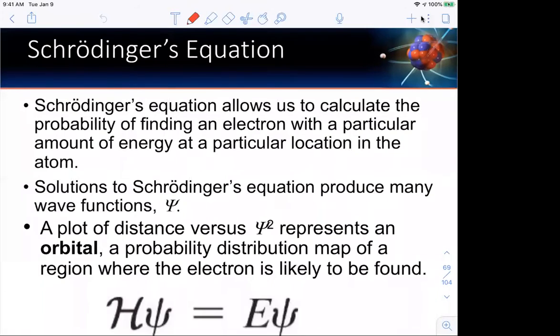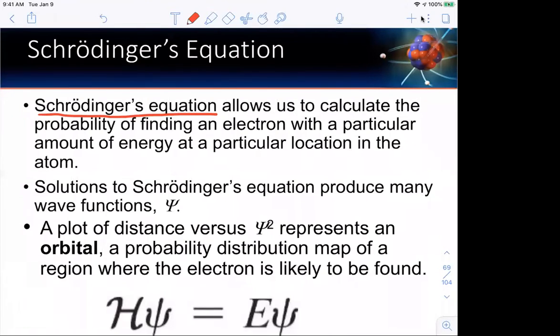Schrodinger did a huge amount of high-level math and came up with something called Schrodinger's equation, which allows us to calculate the probability of finding an electron with a particular amount of energy at a particular location. Now, we're not going to do this math.